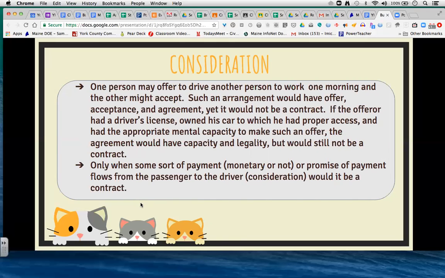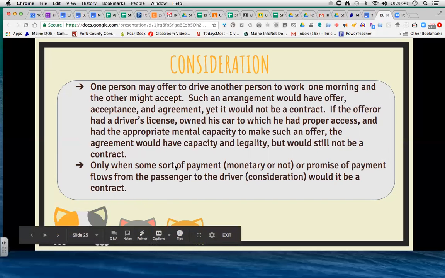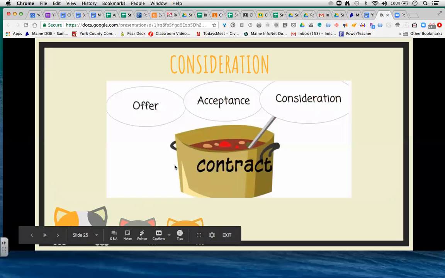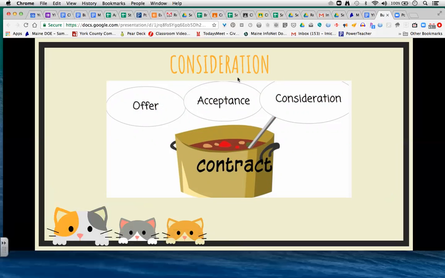Only when one sort of payment, monetary or not, or promise of payment flows from the passenger to the driver, which would be referred to as consideration, would it be a contract. Remember, contracts must have offer, acceptance, and consideration.